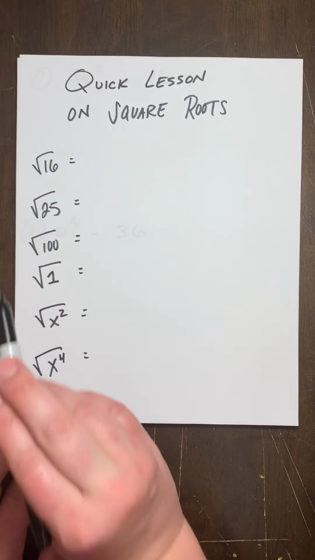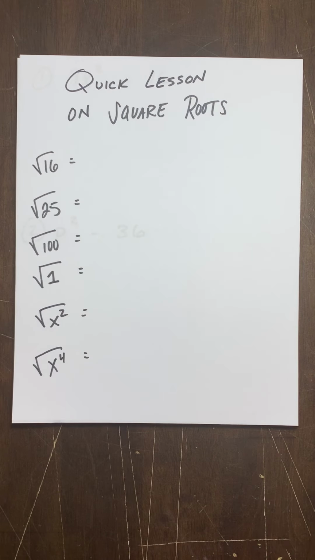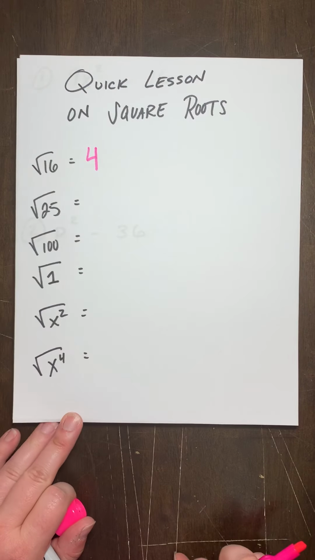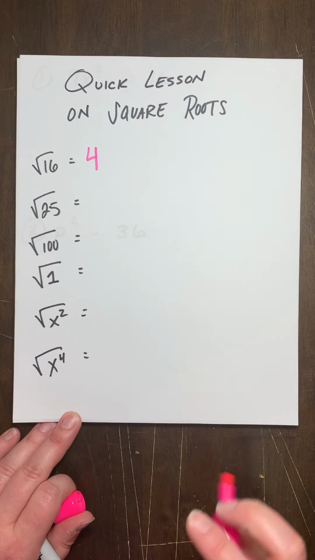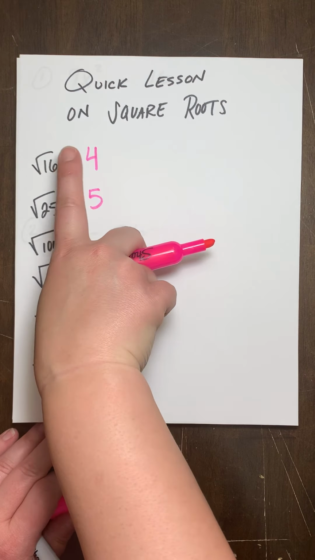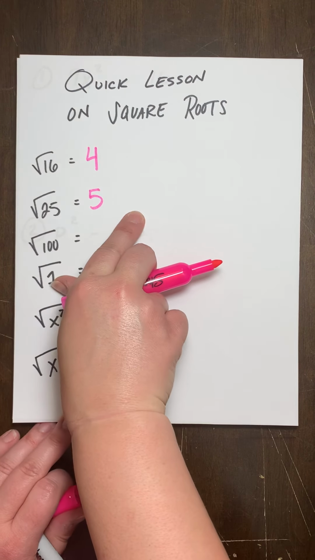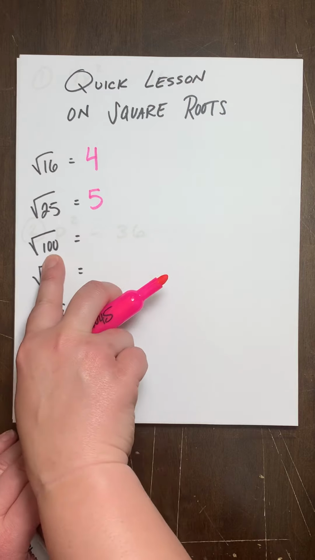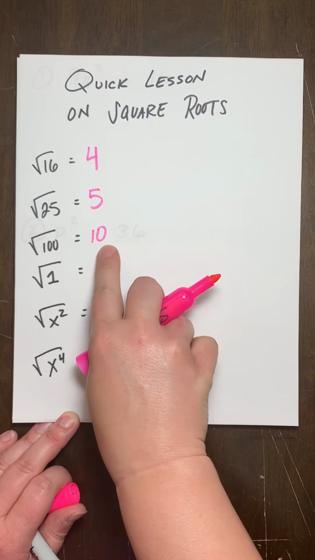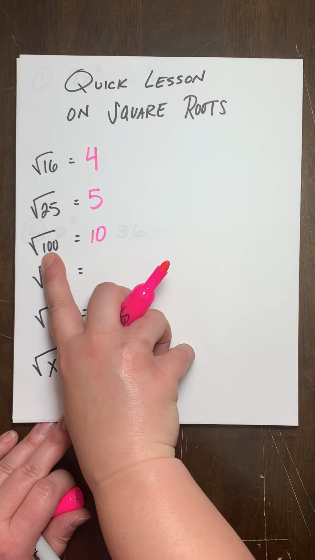Square root of 16 is 4. Square root of 25 is 5. It's 4 because 4 times 4 is 16. 5 times 5 is 25. Square root of 100 is 10 because 10 times 10 is 100.